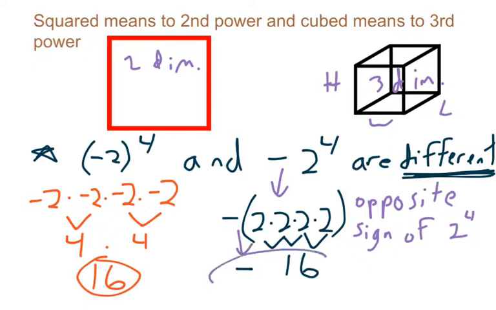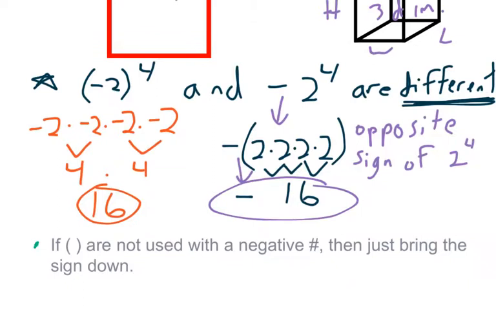So it's negative 16 for this one. So anytime you have a negative with no parentheses, it just means the opposite sign. So it's always going to be negative. So if parentheses are not used with a negative number, like our negative 2 here, then just bring the sign down.